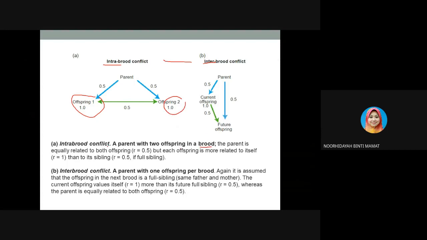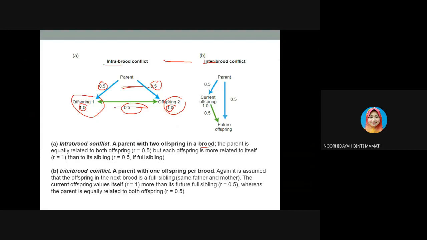The parent is equally related to both offspring, 0.5 and 0.5, but each offspring is more related to itself, which is one, than to its sibling, which is 0.5. So this is the intra-brood conflict.